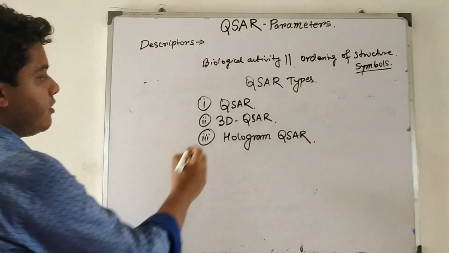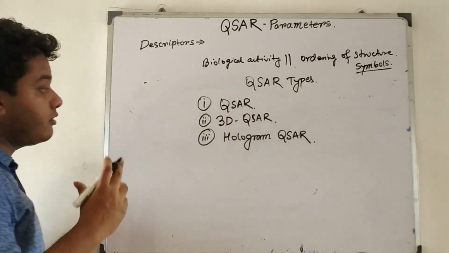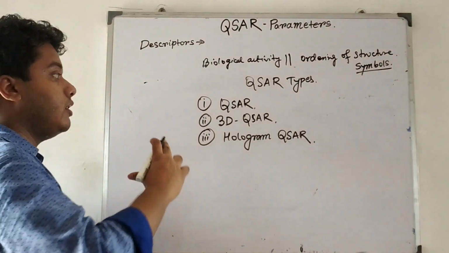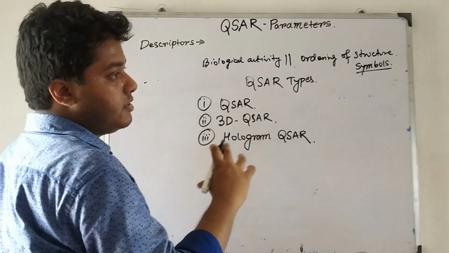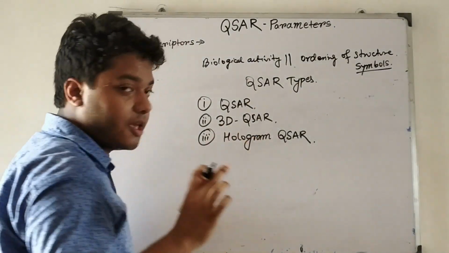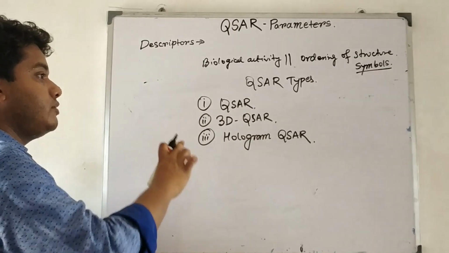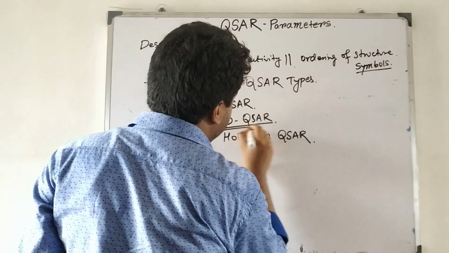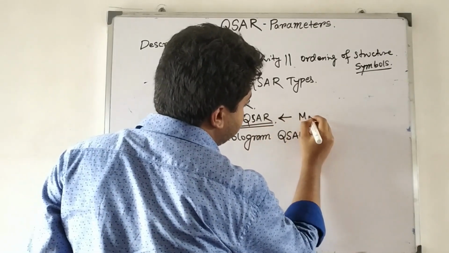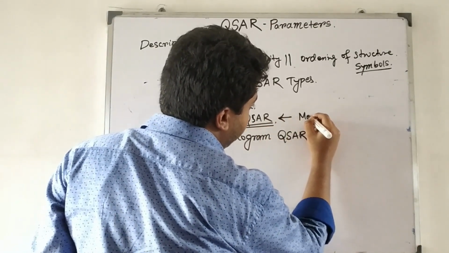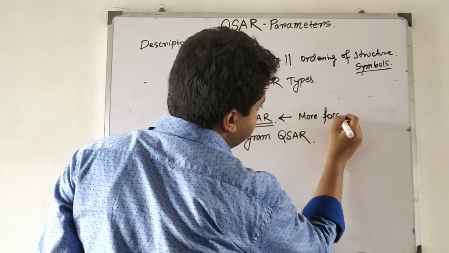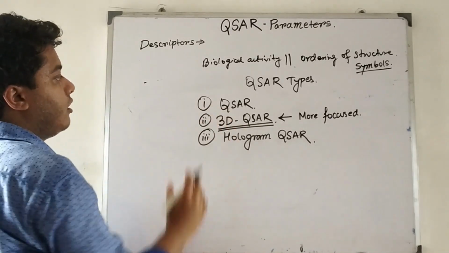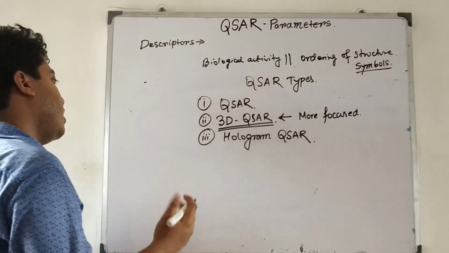Nowadays, QSR has been replaced by 3D QSR, because in 3D QSR we have a structure prediction, that is the molecular feature, the extent to which a substituent is placed within three-dimensional space. So 3D QSR is nowadays more focused. Only QSR is now obsolete. No one is really interested in running only QSR.